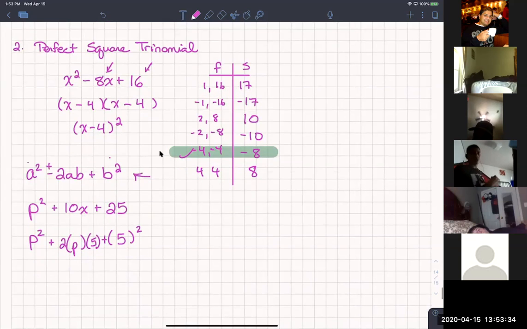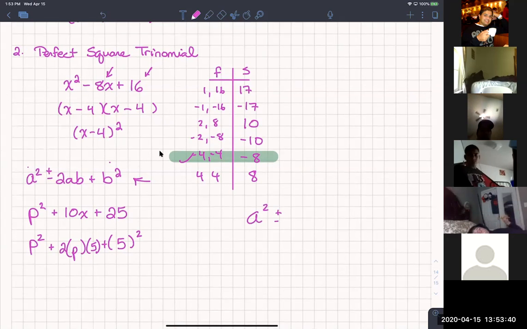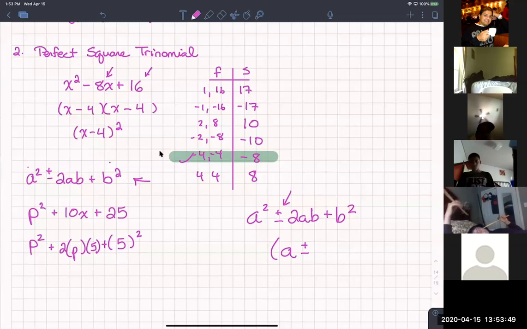When you have a perfect square trinomial, you can factor it as the square root of the first plus or minus, depending on what sign this is, the square root of the last, squared. You don't have to do all of this stuff that we just did here for that.